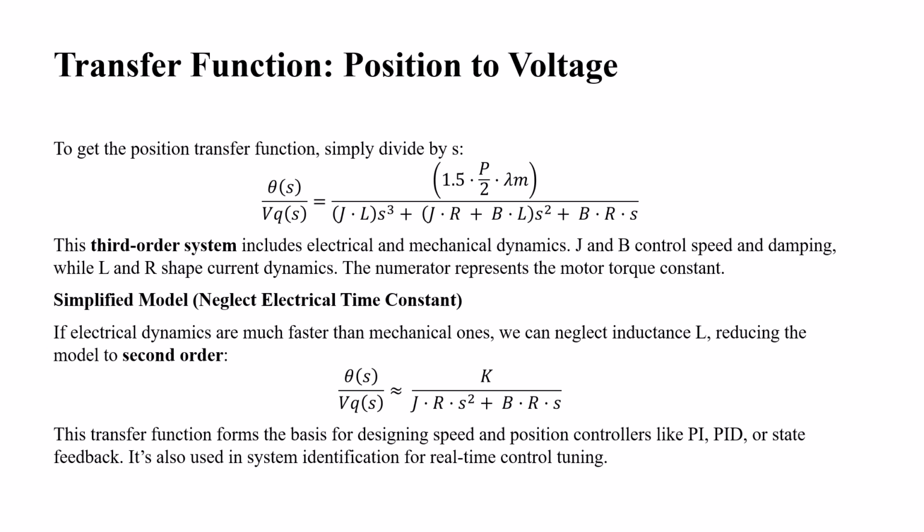Finally, this transfer equation will help to control the speed and also the position of the motor, and the speed and voltage can be fed to the motor. Okay, which can be done through PID and state feedback and so on. It can easily support real time monitoring. So this is how it operates.